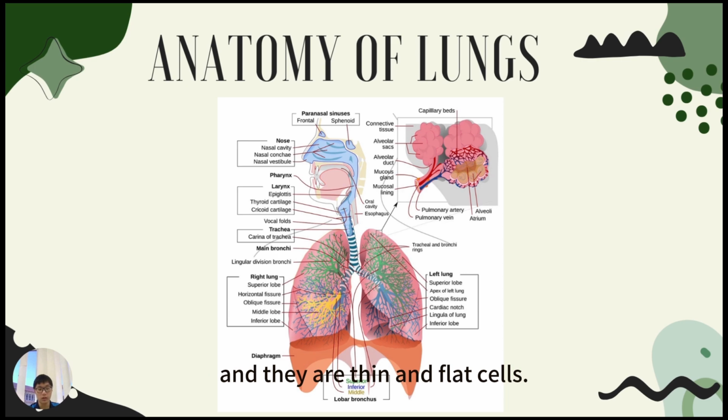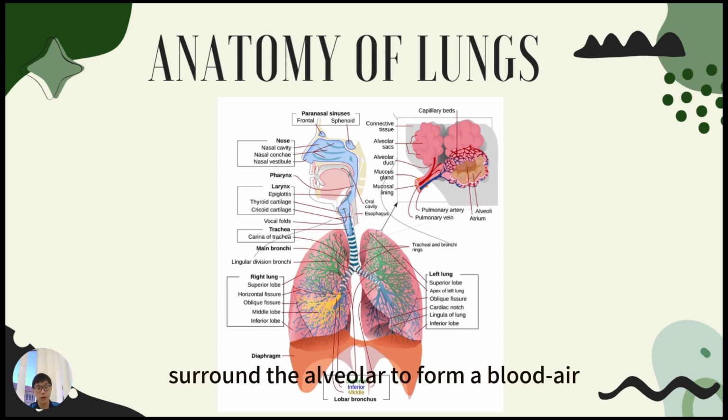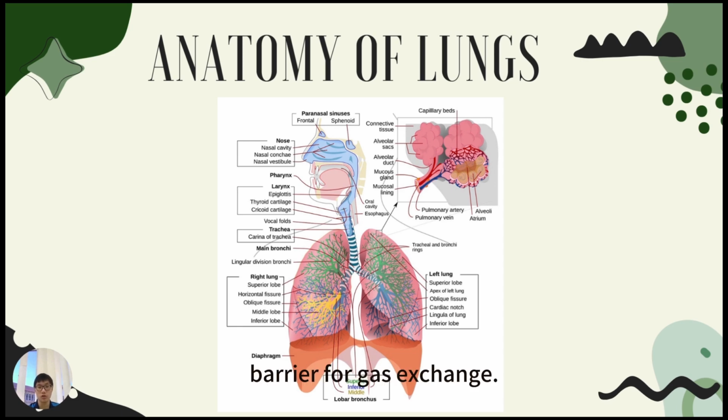And they are thin and flat cells. The next one is type 2 pneumocytes, which produce surfactant to reduce the alveoli surface tension. And the last one, we have capillaries which surround the alveoli to form a blood-air barrier for gas exchange.